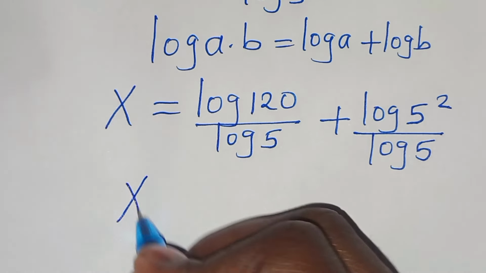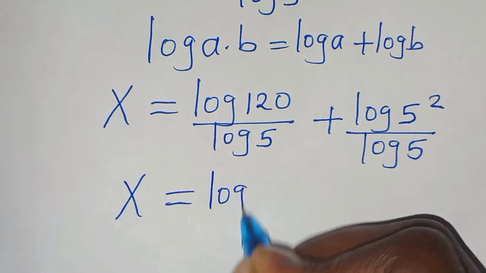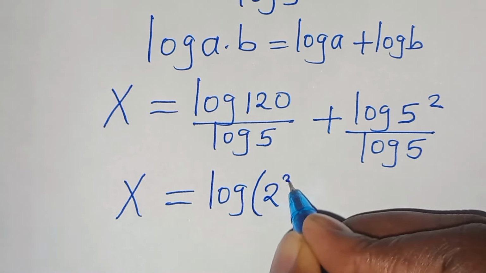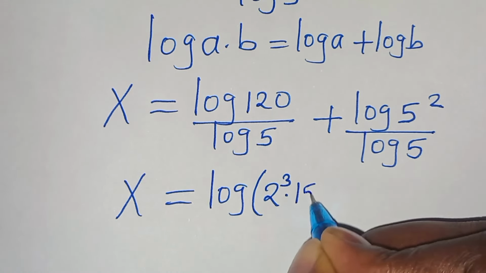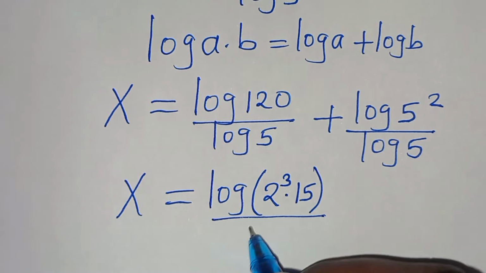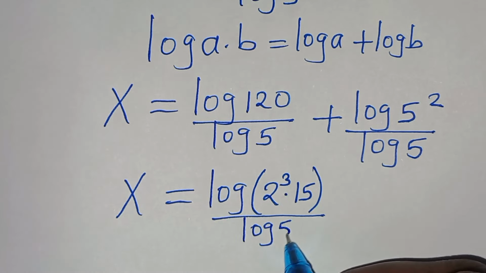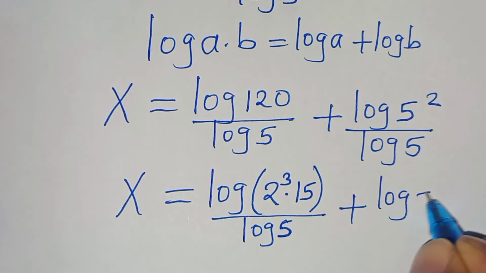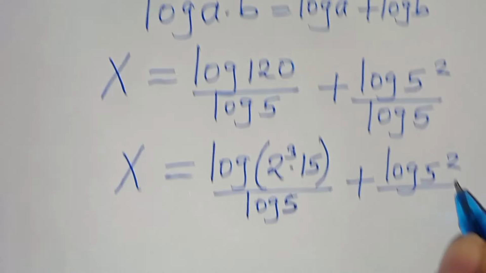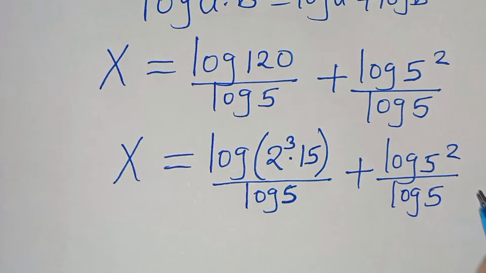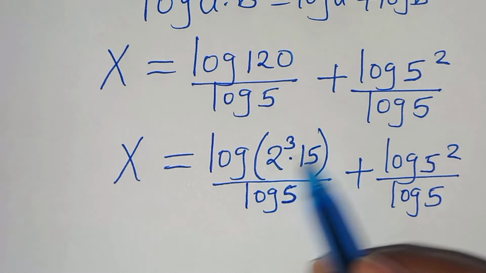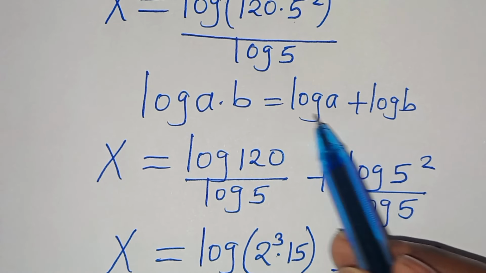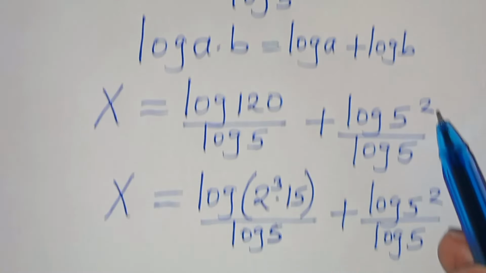So here we have that x is equal to log 120. This can be expressed as 2 to the power of 3 multiplied by 15, divided by log 5, then plus log 5 to the power of 2 divided by log 5. Now log 2 to the power of 3 times 15, this again is in the form of log a times b, which we can express as log a plus log b.